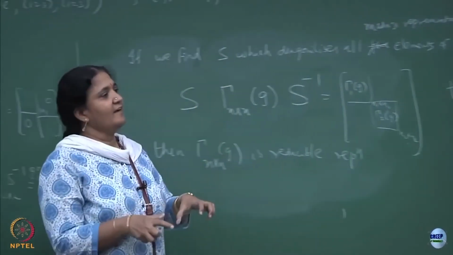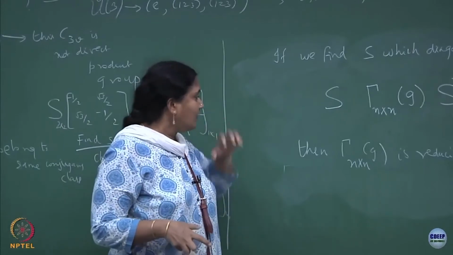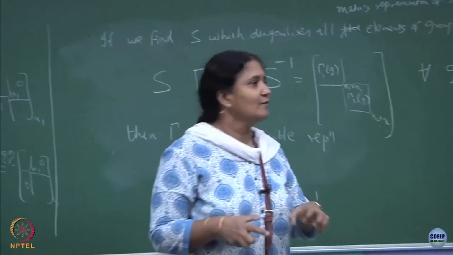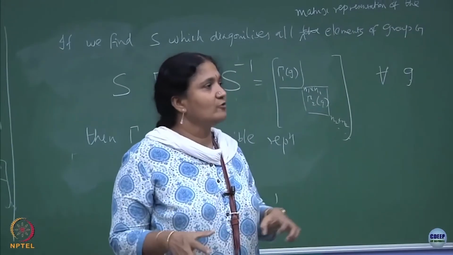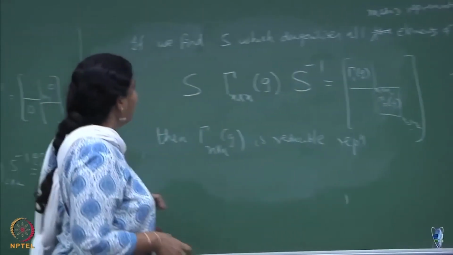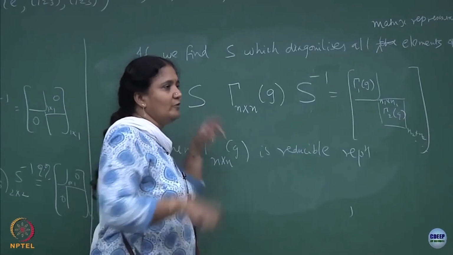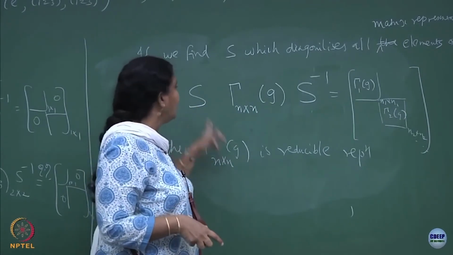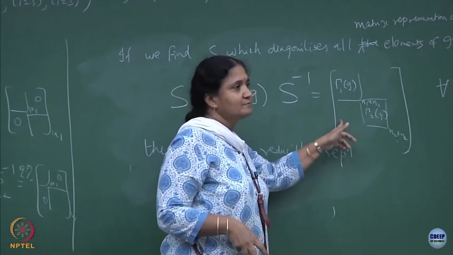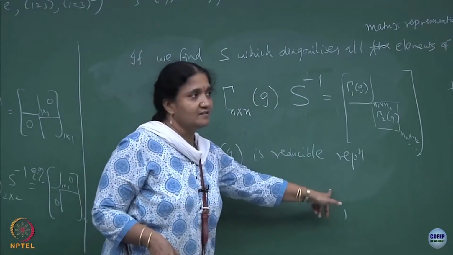So, the question that it is abelian or non-abelian will not really help me, but what I want to drive upon you is that there is going to be some kind of an orthogonality theorem which is called great orthogonality theorem, which plays a crucial role in saying that we can find an S, not that I am going to find the S, but that theorem tells you that yes, I can find an S which does this job, in which case I can say that this one is a reducible representation.